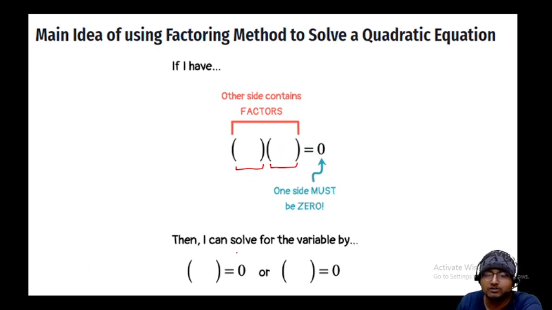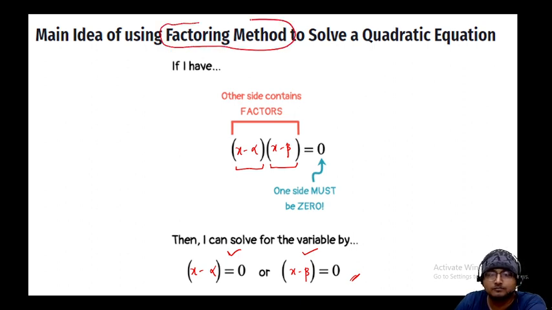Either this should be equal to 0 or this should be equal to 0. Like x minus alpha into x minus beta should be equal to 0: either x minus alpha should be equal to 0 or x minus beta should be equal to 0. Okay, so that is all about solving the quadratic equation using the factoring method. It can be called the factoring method or factorization method.